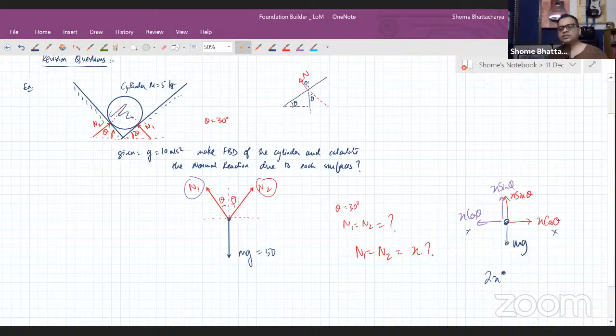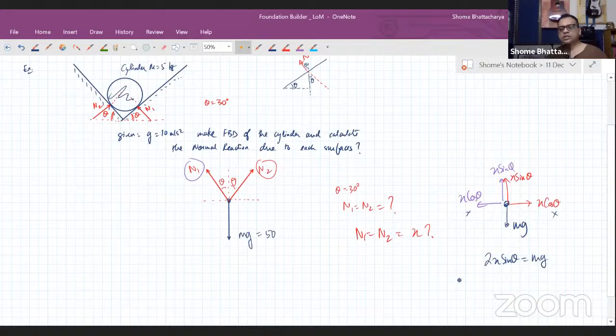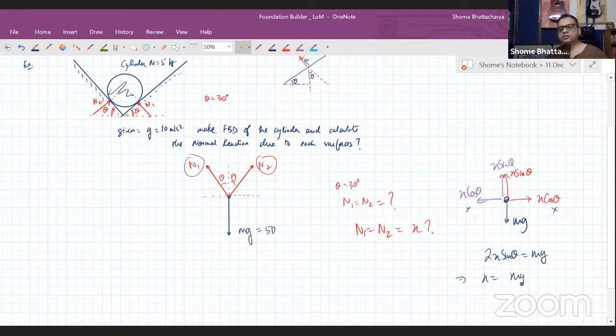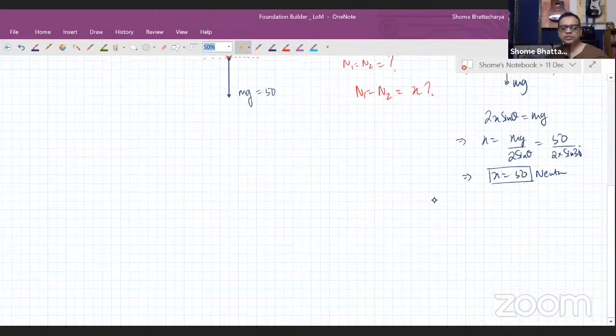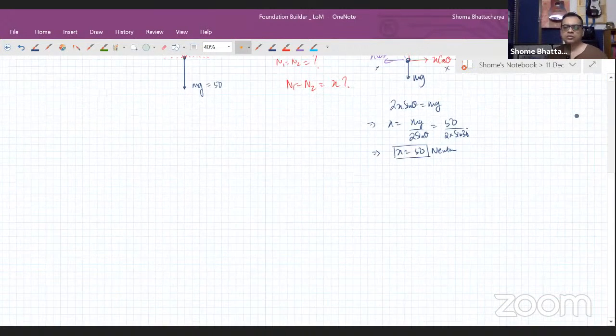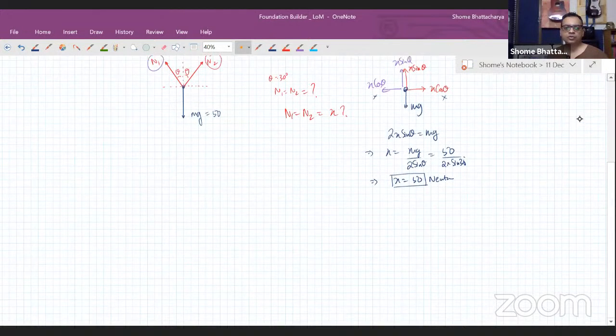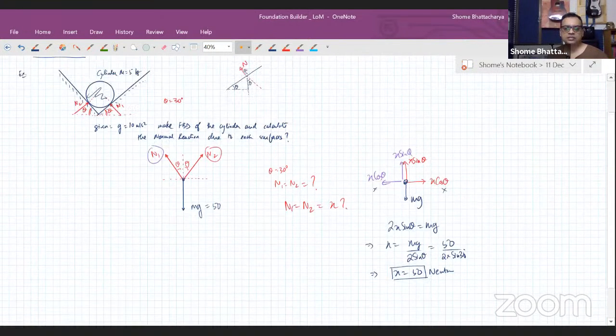So 2x sine theta has to balance mg. So that magnitude x has to be how much? Mg by 2 sine theta. I cannot make it easier than this for you to solve here. It's 50 upon 2 into sine 30. So the magnitude for each one is equal to 50 newtons. This is the easiest type of question you can get in Newton's laws of motion. You're balancing three forces where the angle between two of them is 60 degrees.